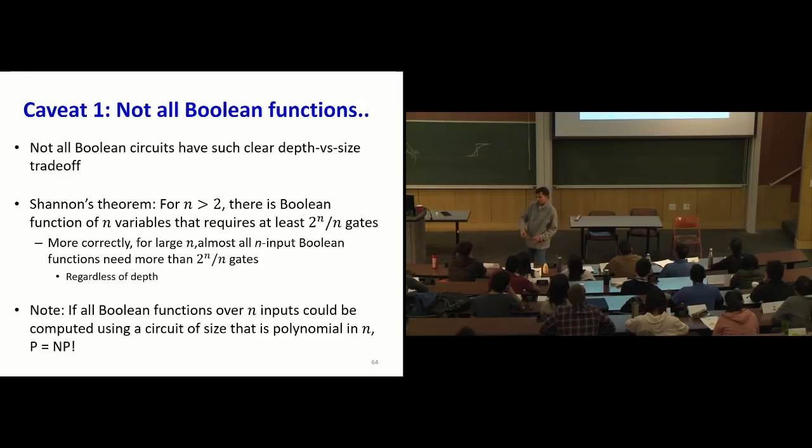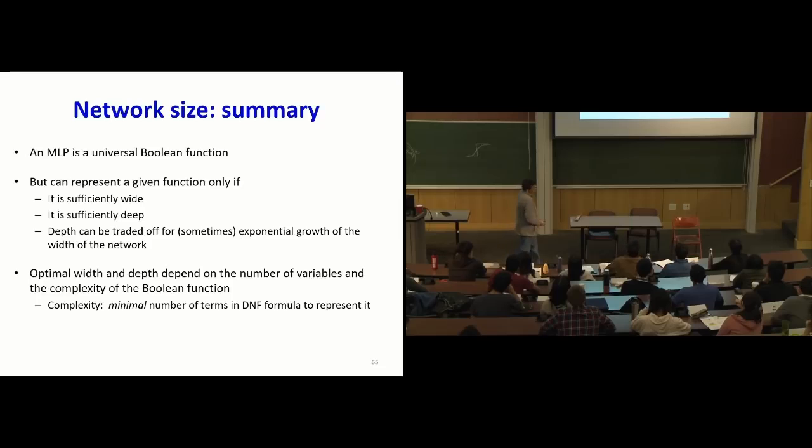If you took 20 variables and threw all possible functions of these 20 variables into a pot and randomly pulled out one, that function is going to require an exponentially sized network. And in fact, he showed that if all Boolean functions over n inputs could be computed using a circuit that's polynomial in n, then P equals NP. So if someday someone comes along and shows that P equals NP, then I have to discard this lecture.